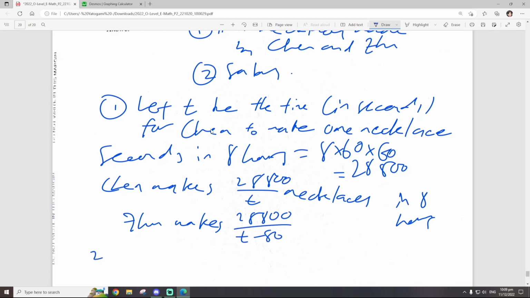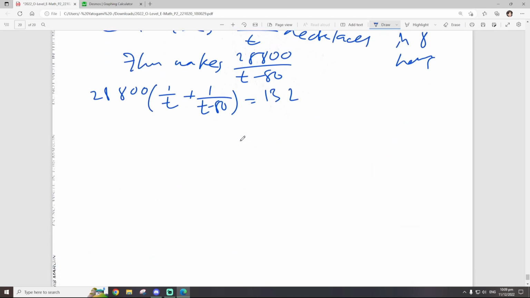So therefore you have 28800 times (1 over t plus 1 over t minus 80) equals 132. Okay, it's very sneaky. You're actually forming a quadratic equation in this.